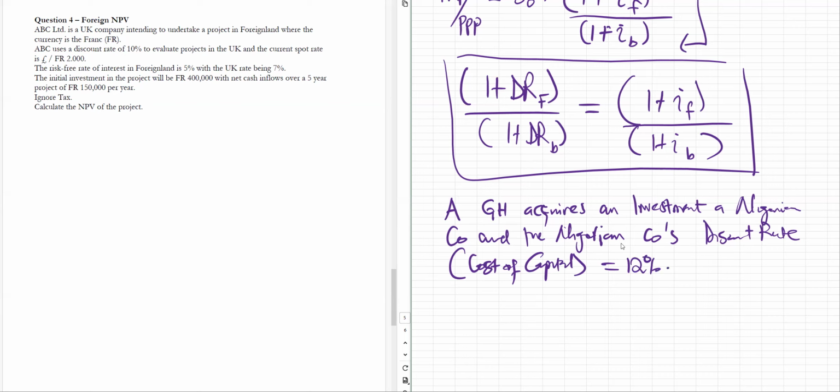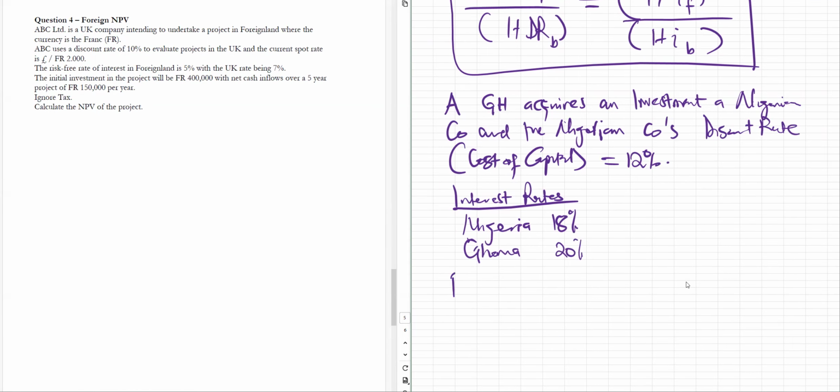Then they tell you interest rate in Nigeria is 18%, and interest rate in Ghana is 20%. And they are asking you to find the cost of capital for the Ghanaian company.